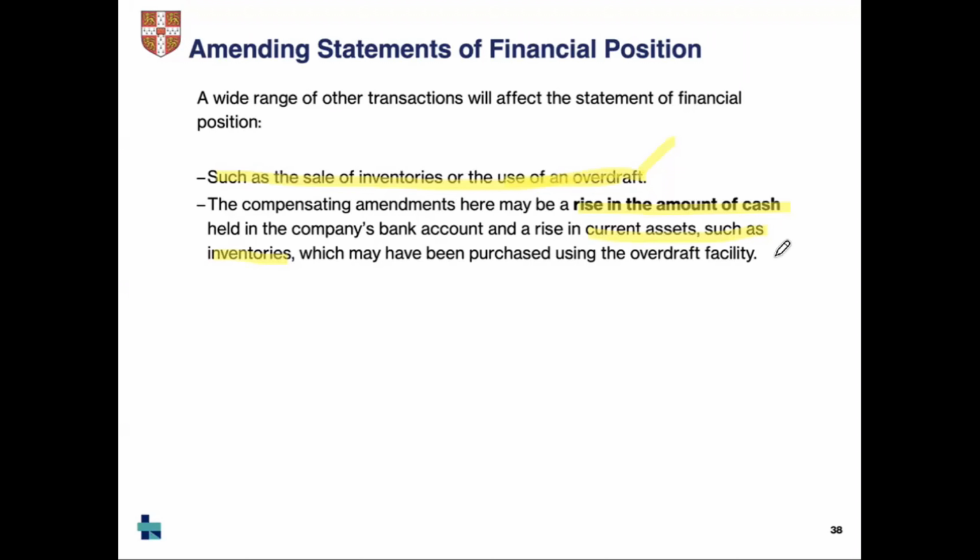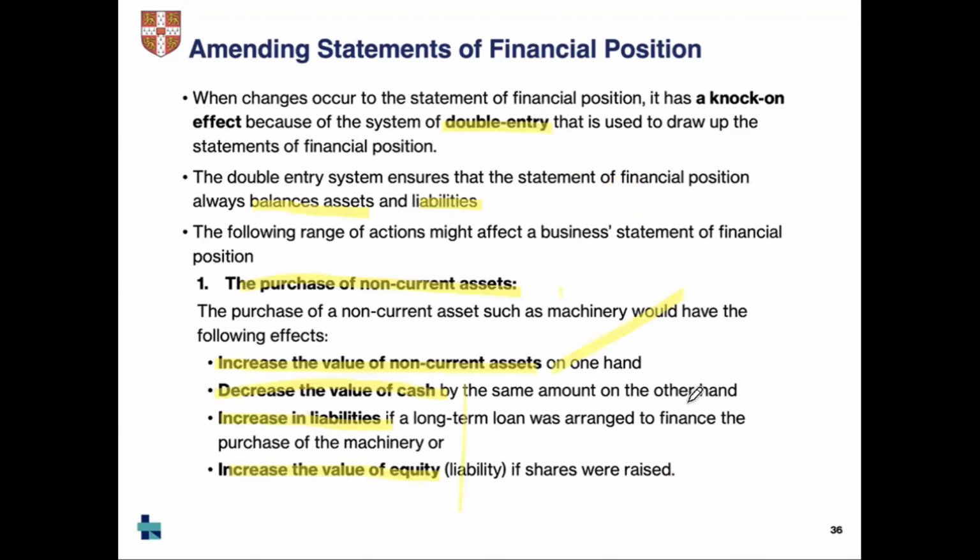So we are looking at the things that cause changes in the statement of financial position, and we've looked at a few examples. The most important thing that you have to remember is that there will always be a knock-on effect when one thing changes on the statement of financial position. If assets are increasing, how are the assets increasing?